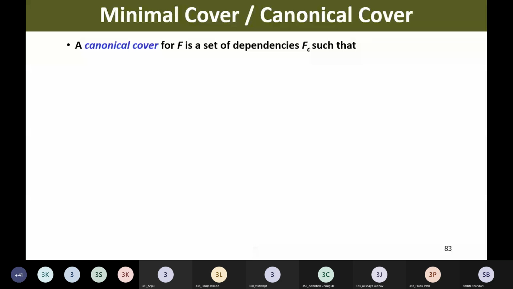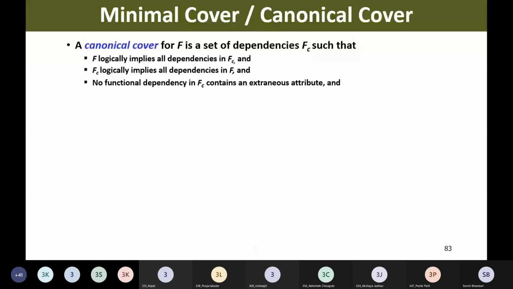A canonical cover for a set of functional dependencies F is a set of dependencies Fc such that F logically implies all dependencies in Fc, and Fc logically implies all dependencies in F, and no functional dependency in Fc contains an extraneous attribute.